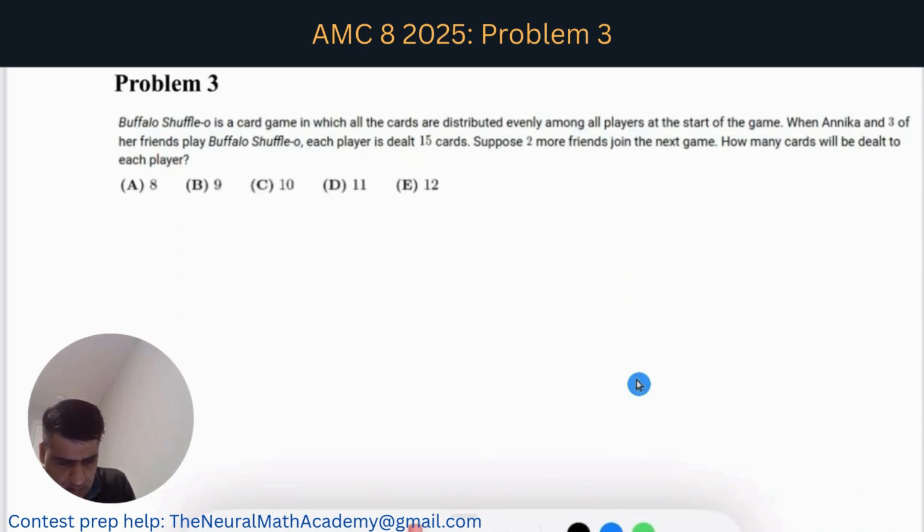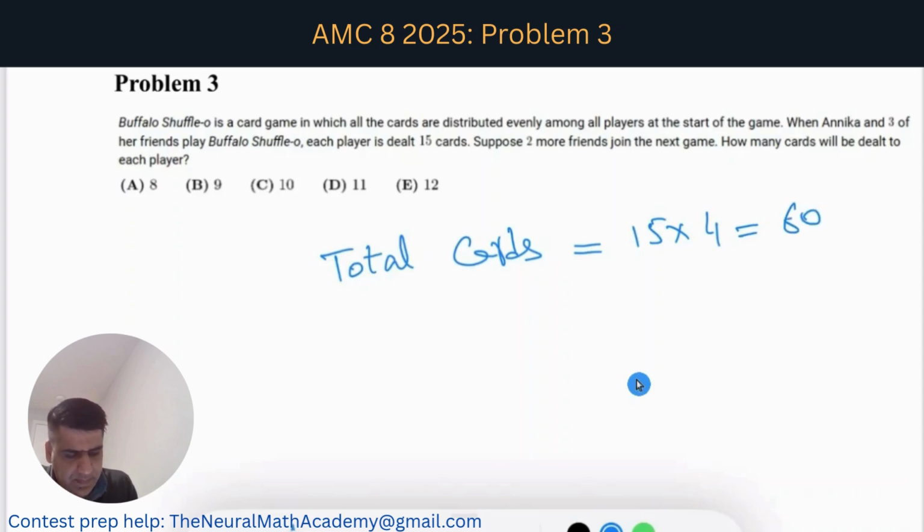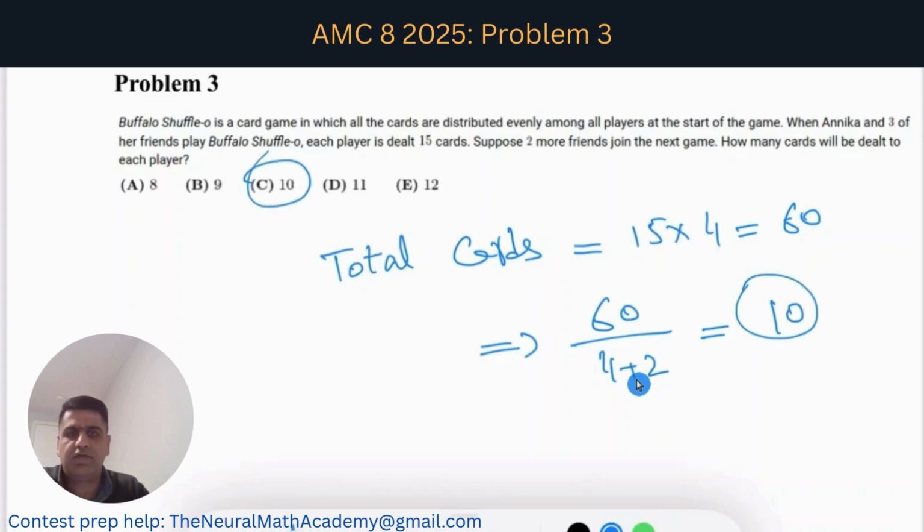So first, we will find the total cards. That is equal to 60, and for each player we will simply divide, and the answer is then 10. So C is the answer for this question.